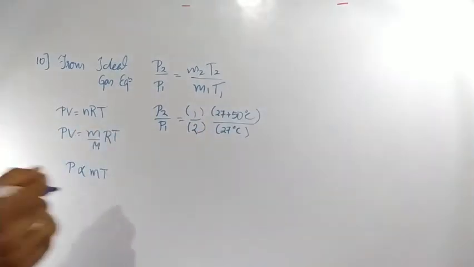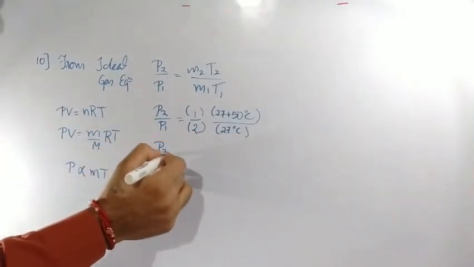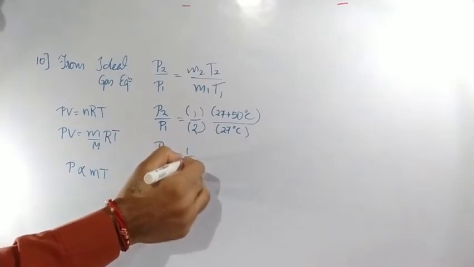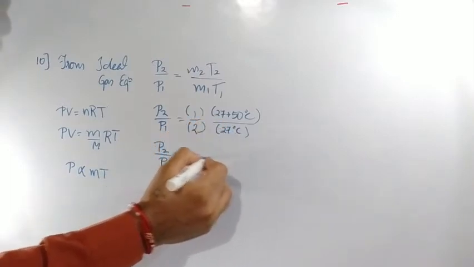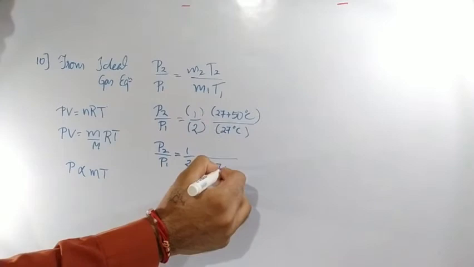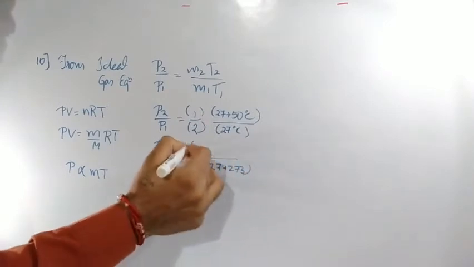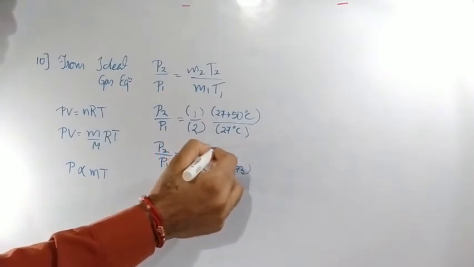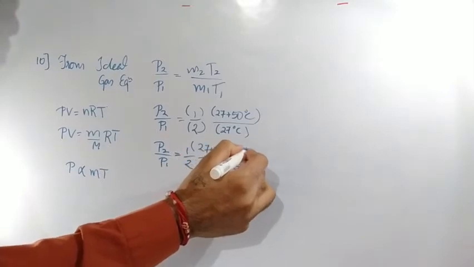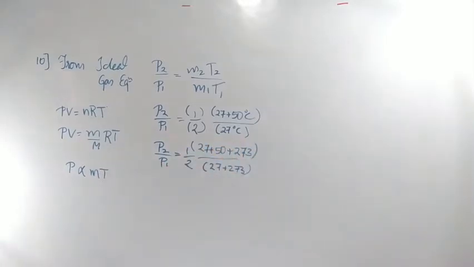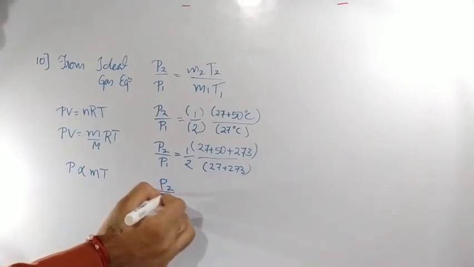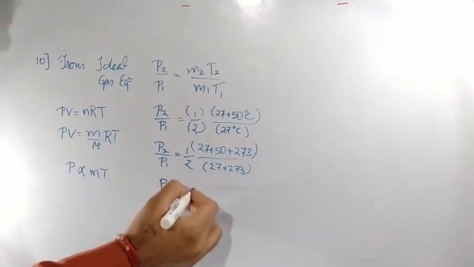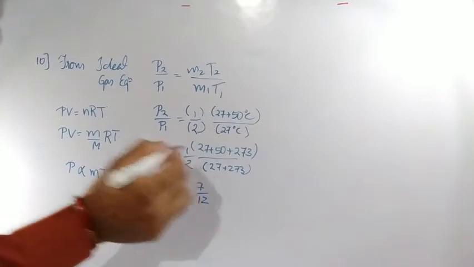Clear? Okay. P2 by P1 is equal to 1 by 2, 27 plus 273 here in the denominator, and in the numerator 27 plus 50 plus 273. Clear? So P2 by P1 value will be 7 divided by 12. Okay, solve it and check.